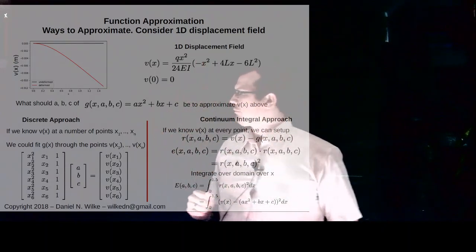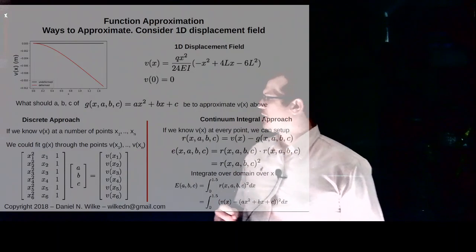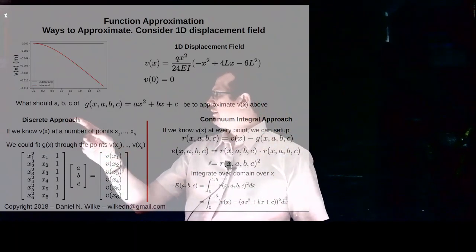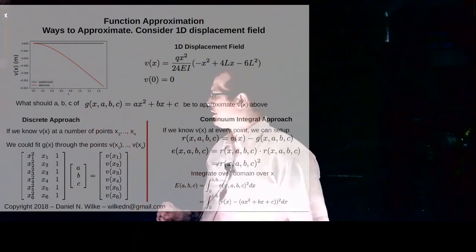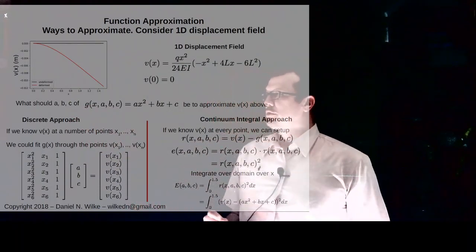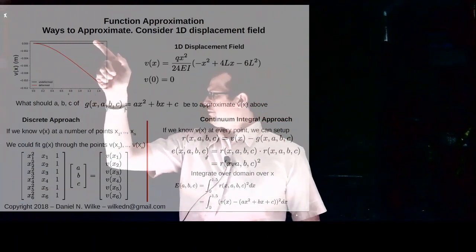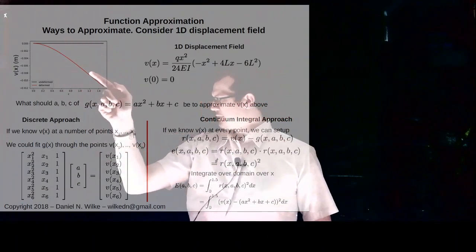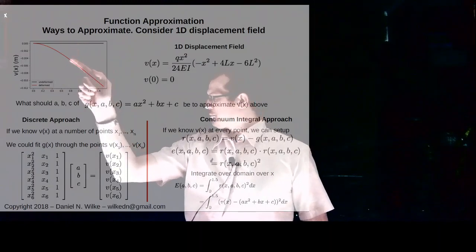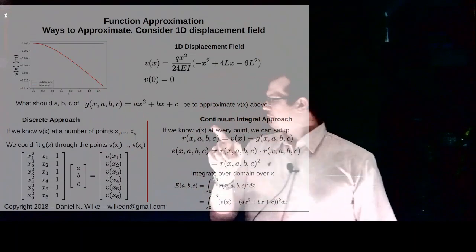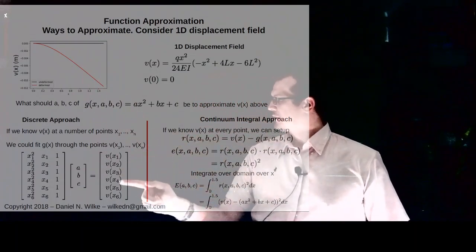The two approaches that we carved out: the first is the one we know from NPR 213, from our first-year linear algebra, the discrete approach, where we evaluate v of x at a couple of x's. For each of those x's, we can calculate the corresponding v of x1, v of x2, v of x3, for instance, and put them all into a system of equations.